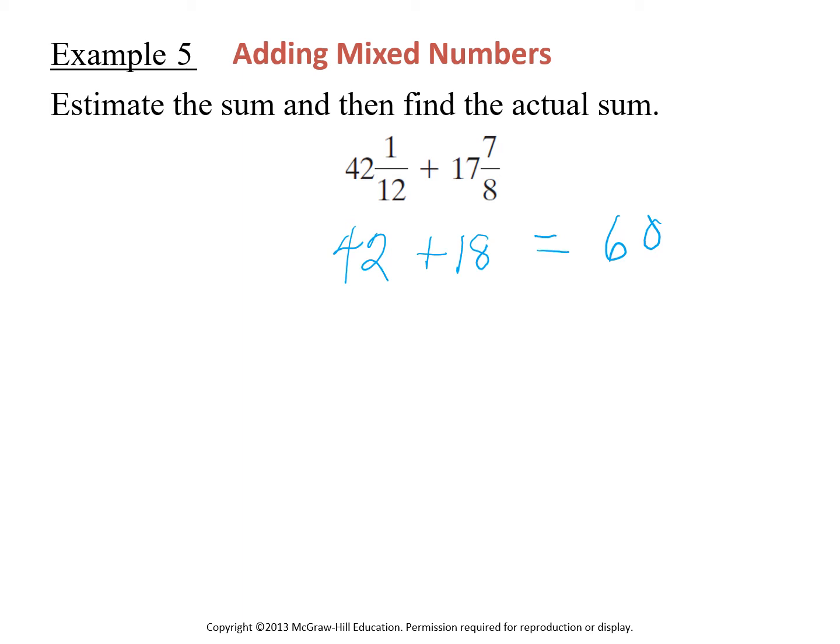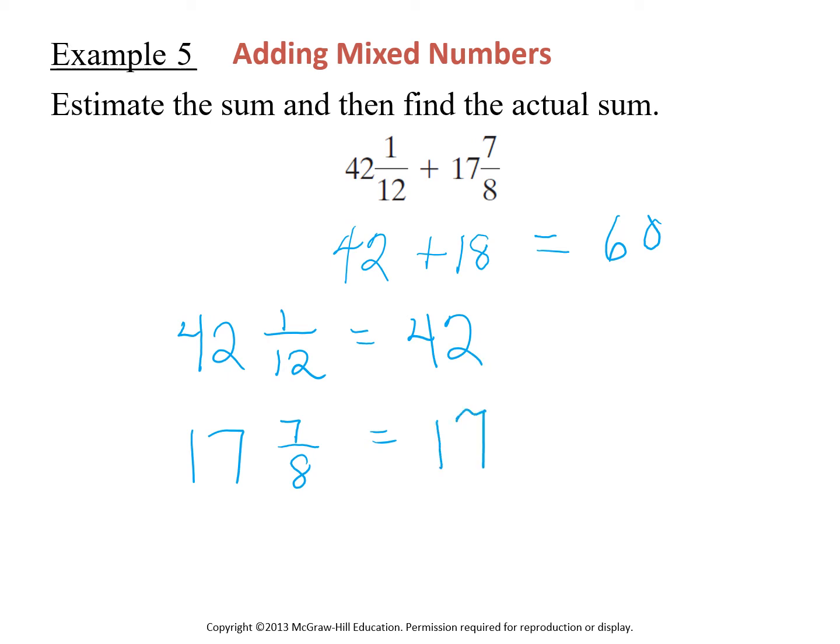And now I'm going to find the actual sum. So I have 42 and 1/12 and 17 and 7/8. And I need a common denominator for my fractions. And if I count by 8s and 12s, I'll see that the common denominator is going to be 24. So I will multiply by 2/2 and by 3/3.